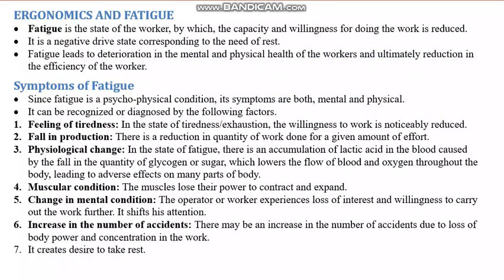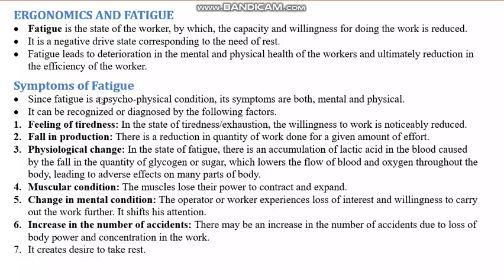Fatigue leads to deterioration in the mental and physical health of the workers, and ultimately a reduction in the efficiency of the worker. Our concentration is that the worker works efficiently, and thereby the productivity of the plant increases. If efficiency is reducing, then it is not a desirable thing.